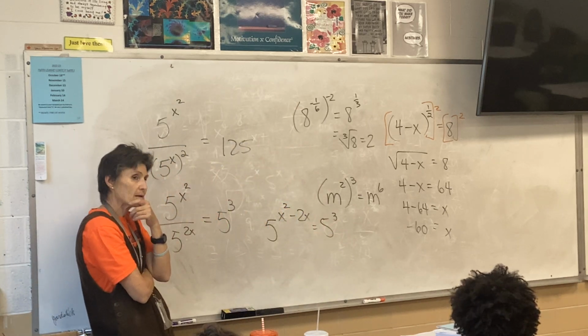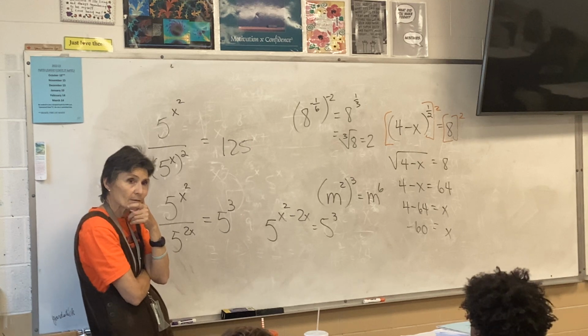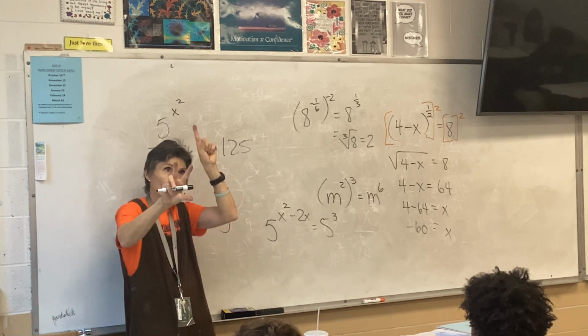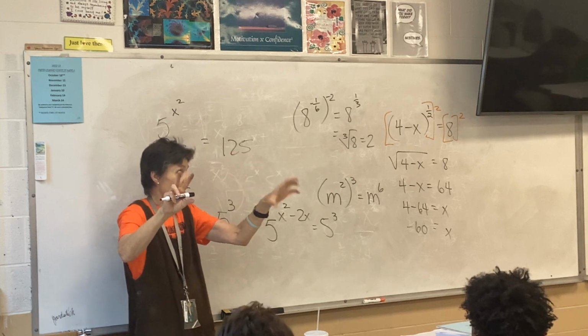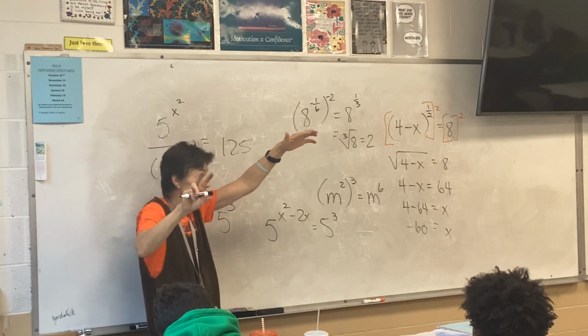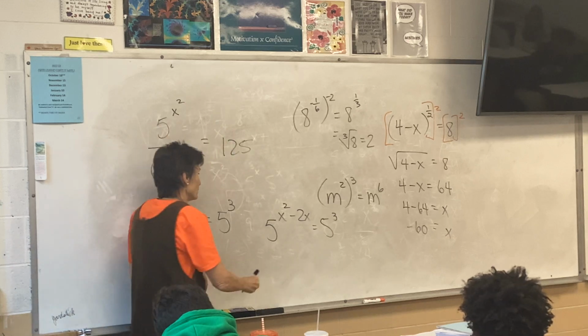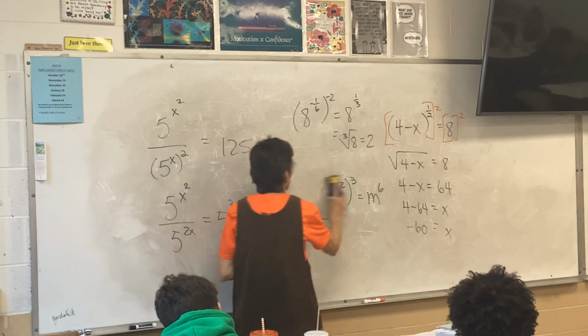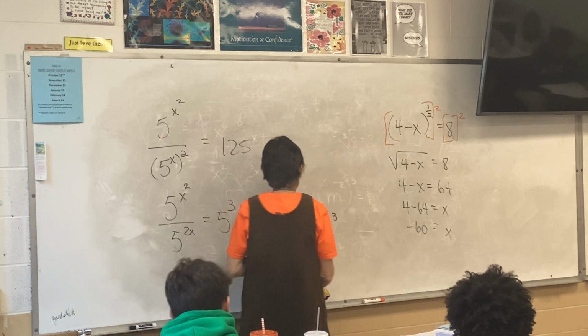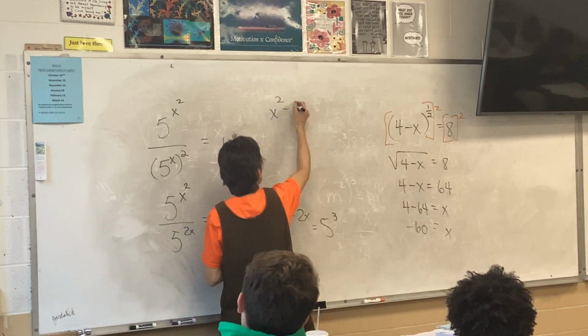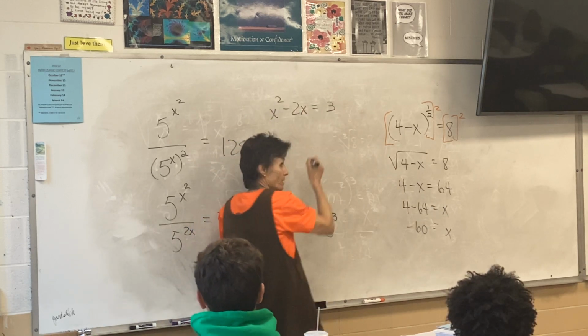Now think about that for a second. If 5 to a power equals 5 to another power, what has to be the case? The powers have to be equal. So now I have an equation that says x squared minus 2x equals 3.